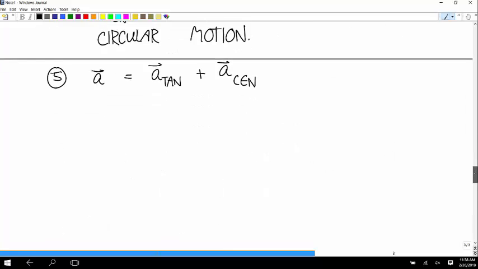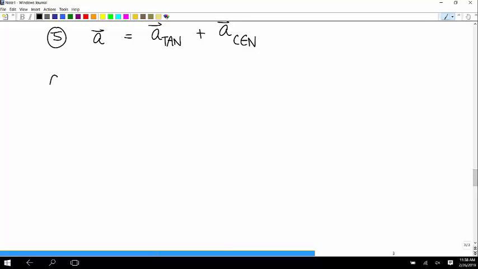Okay, let's do an example. So let's say an object's moving around a circular path like this. Let's say it's going counterclockwise.